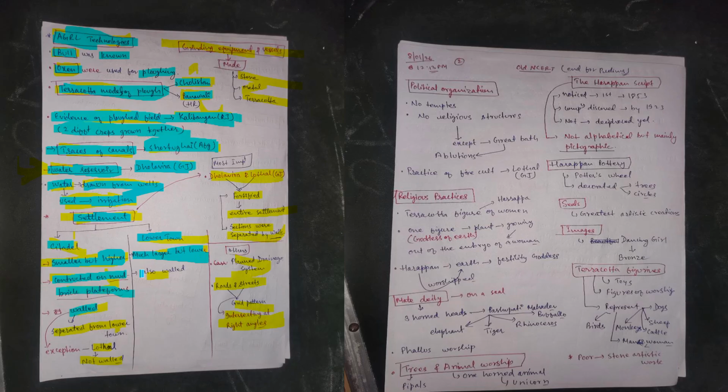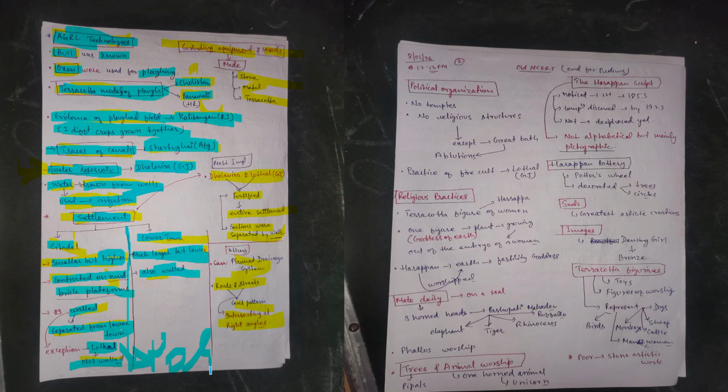The lower town was also walled, and the citadel and lower town were separated from each other. The exception is Lothal, which was not walled. Lothal is in Gujarat. Maybe because it used to be a port city.